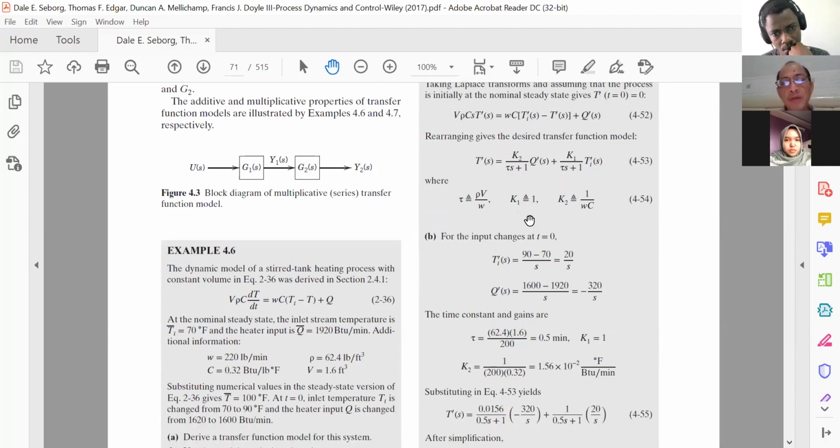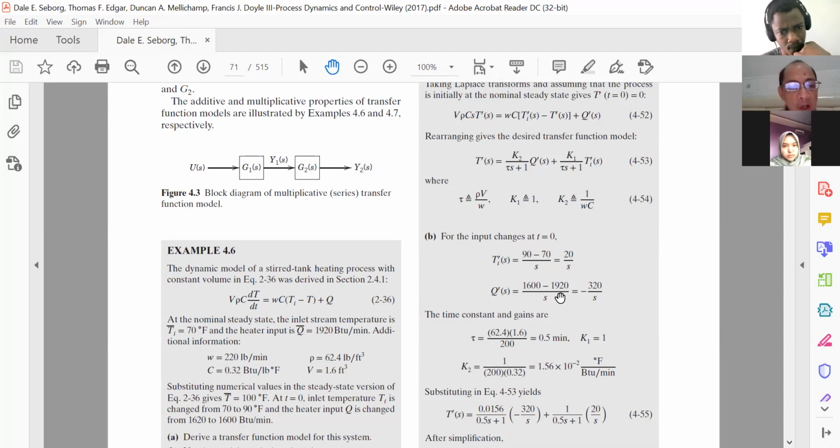Now, for the input changes at t equals 0, of course we are going to use deviation variables. From 70 degrees to 90 degrees, we have 20 over s, and Q prime of s is 1600. If we look at this, Q is changed from 1620 to 1600.